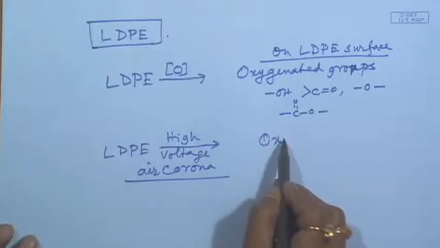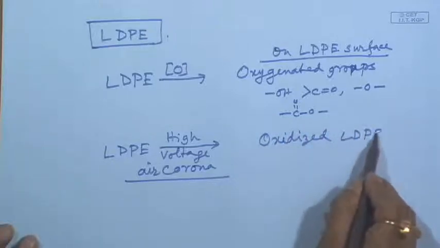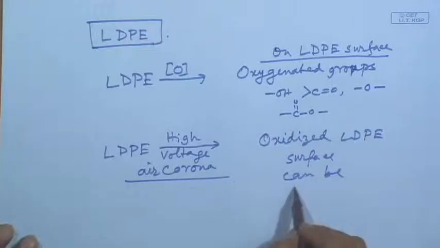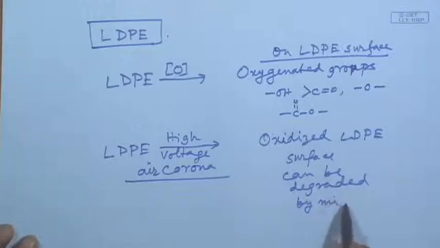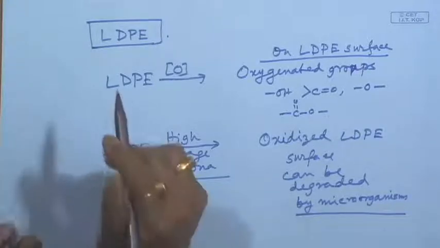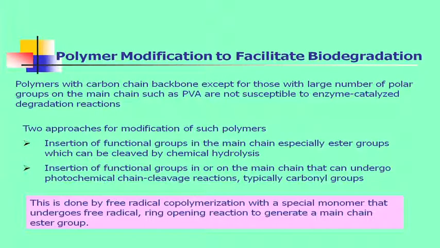That oxidized LDPE surface can be degraded by microorganisms or bacteria as well as fungi. That is possible. We have done some experiments, we have seen that yes, it is working, it is functioning. So, that technology can be developed.